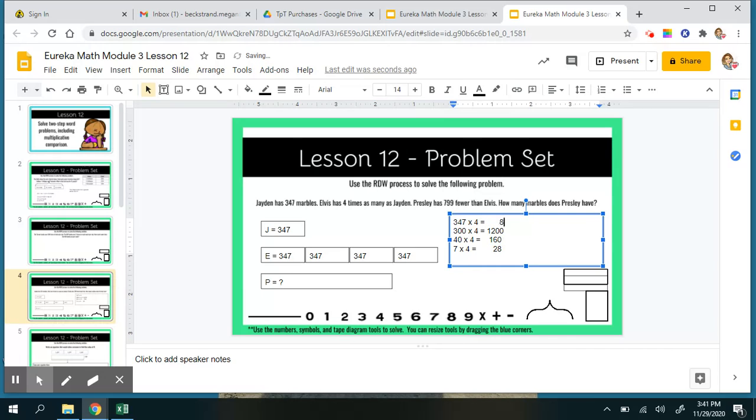I write it up here. And then our 10's place, we got 6 plus 2, which is also going to give us 8. And then our 100's place, we got 2 plus 1, which is 3. And our thousands. So now we know how many marbles Elvis has.